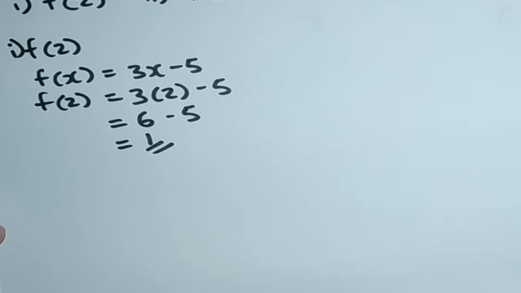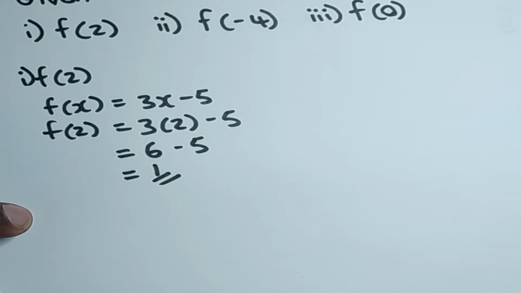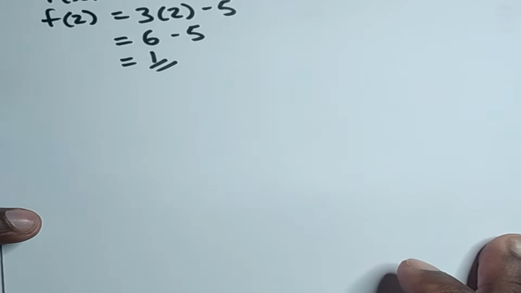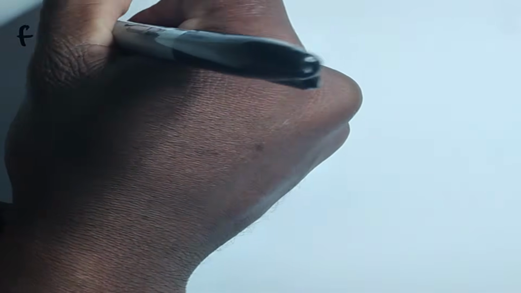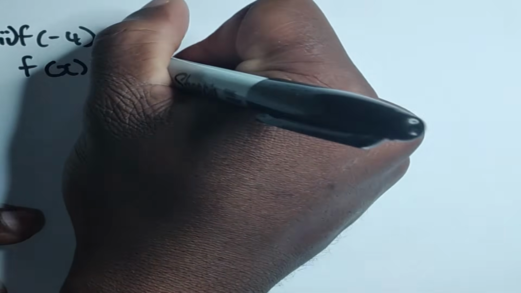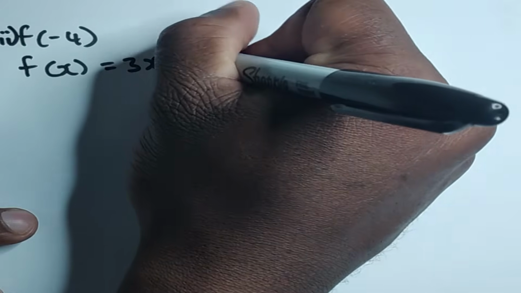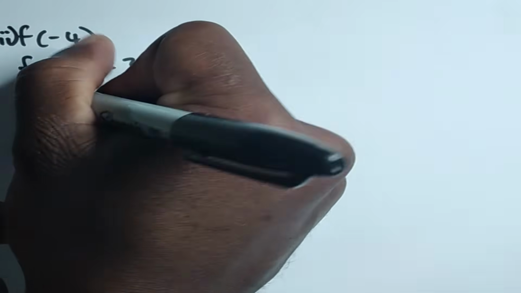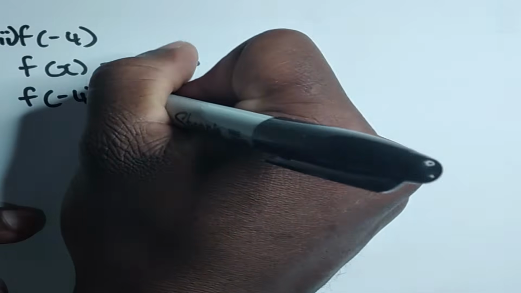Now let's look at the second one, which is f of negative 4. So we're trying to find f of negative 4, Roman numeral 2. Again, remember the function f of x is equal to 3x minus 5. This is what we're using to solve it, and we do the same thing.